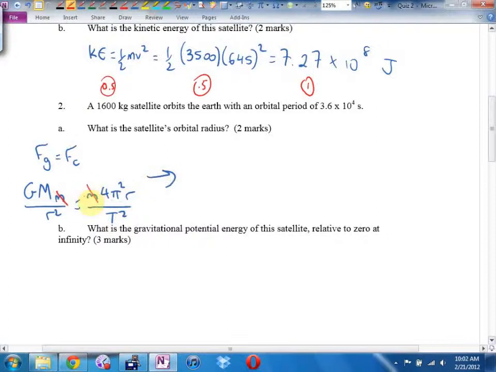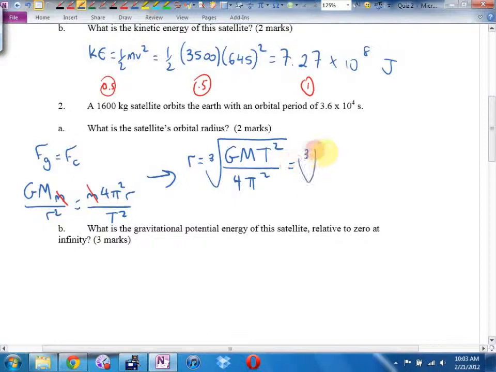Sadly, that's all that cancels. They want the orbital radius. R ends up being the cube root of g m t squared all over 4 pi squared, I believe. The t squared would move up there, the r cubed would move, yeah.